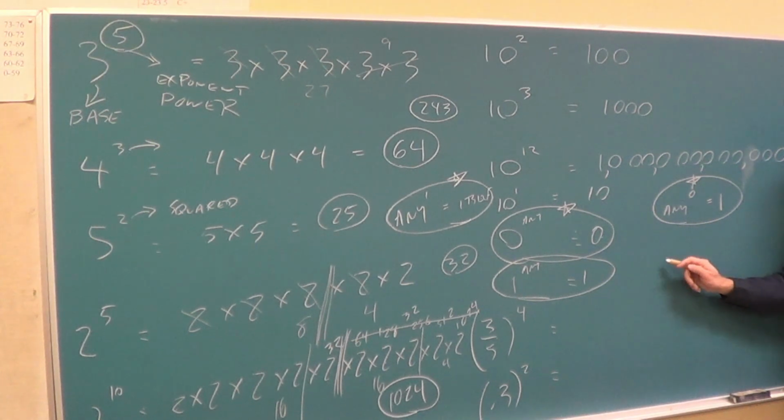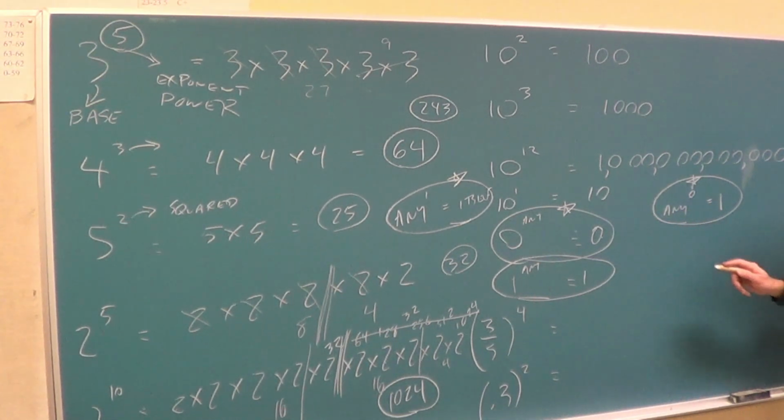Can anybody identify a weird problem that these rules would argue about? Not 0 times 0, but 0 to the 0, okay?